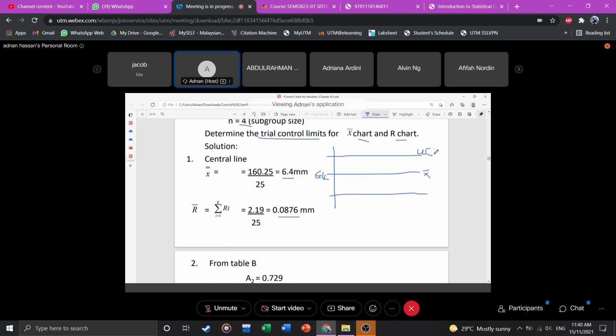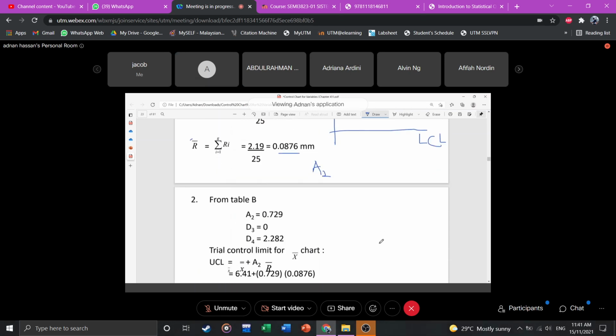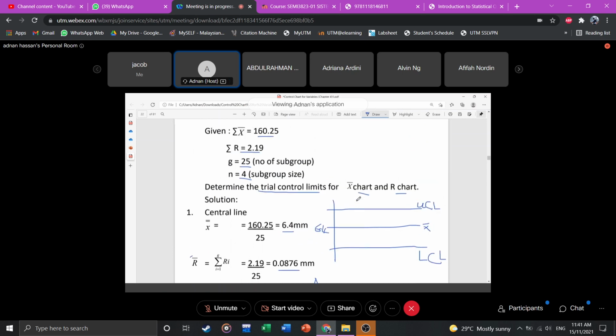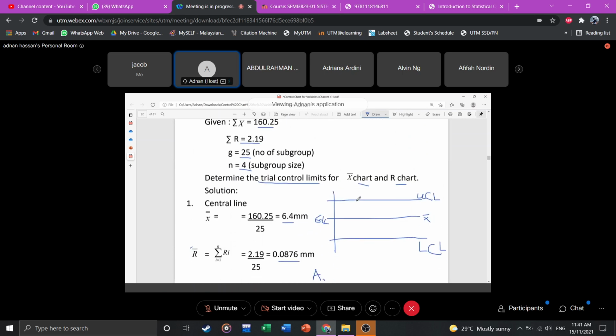What you need to know now: you already have R bar, so you need to get the A2 value. Look in the table for A2 for n equal to, what is our n value? It's given as 4, right?